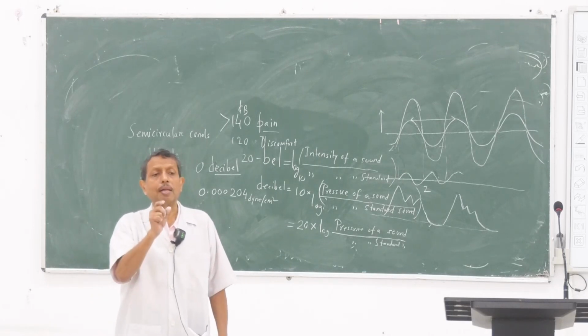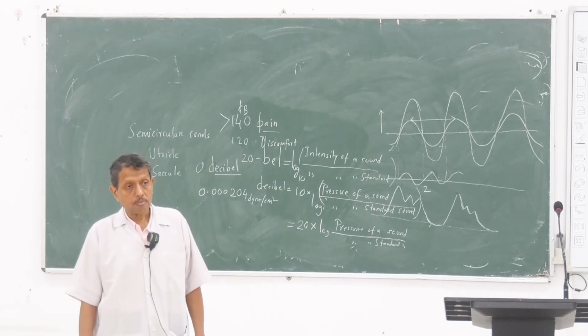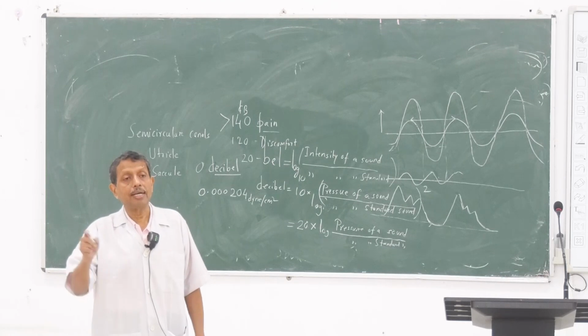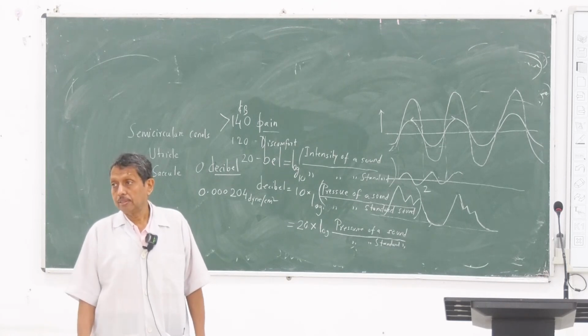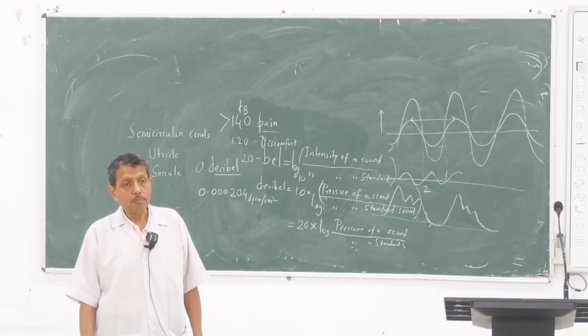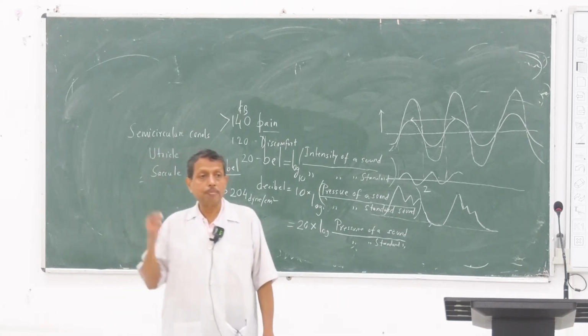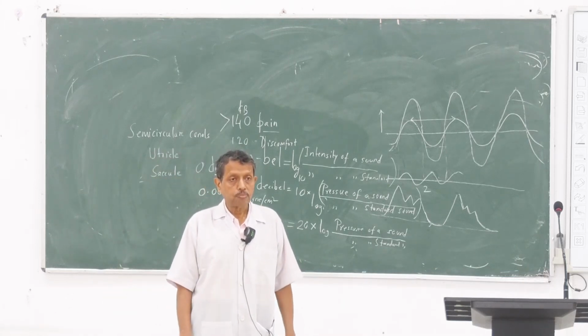And there is a legal limit for this type of decibel in different areas: hospital areas, residential areas, rural areas. These should be observed by the local people, and if not, they will be dealt with by the authority, the police. Clear? So this is the decibel notation.